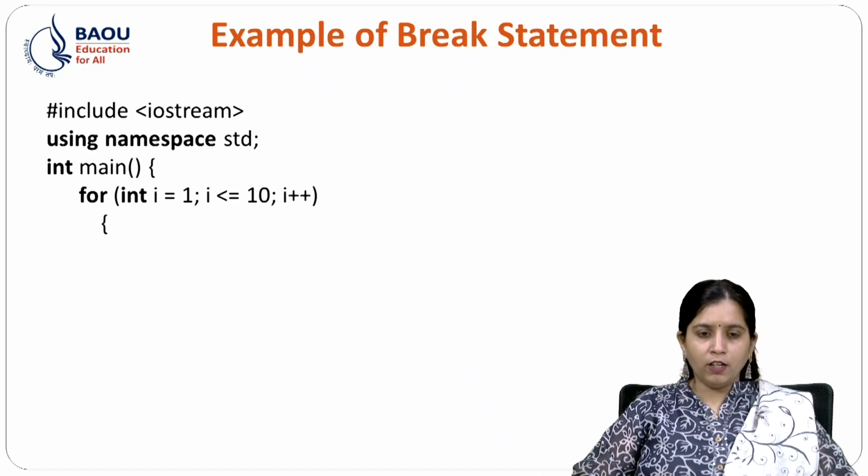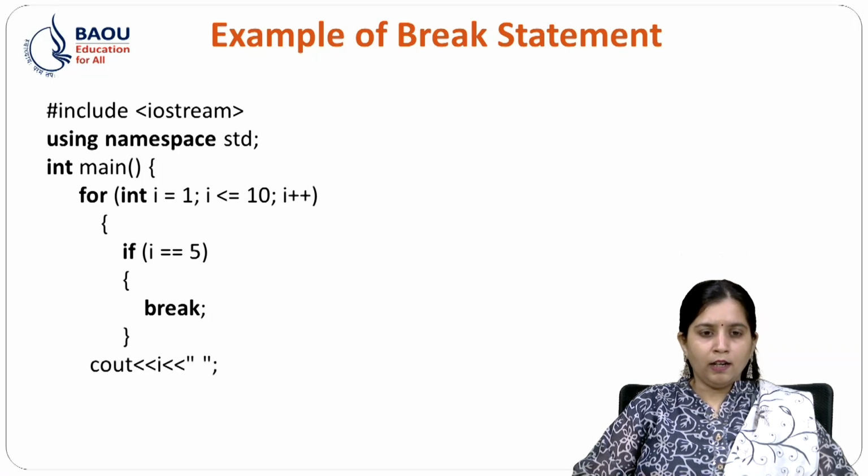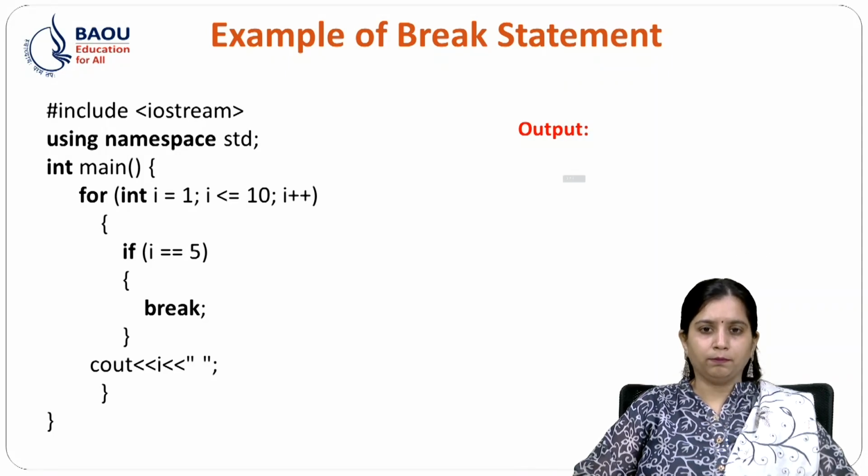Then if i == 5, the break statement is used, and cout i. Let's see the output and then we will discuss this program.